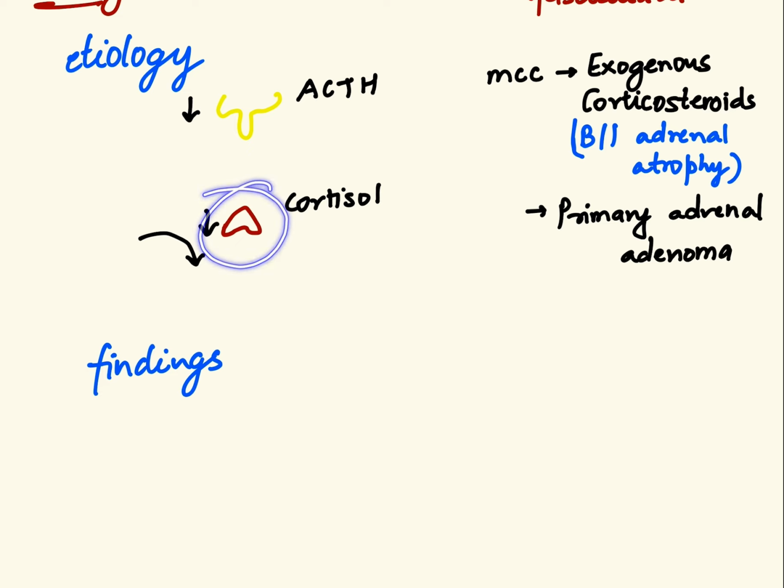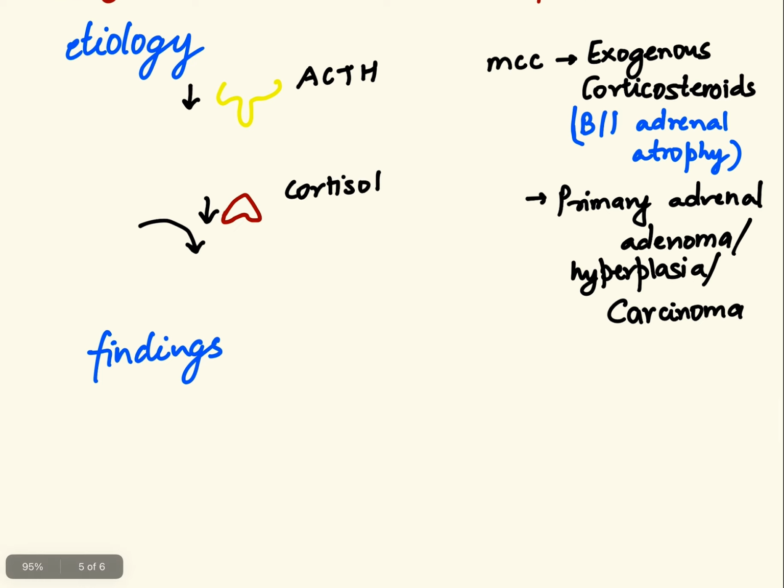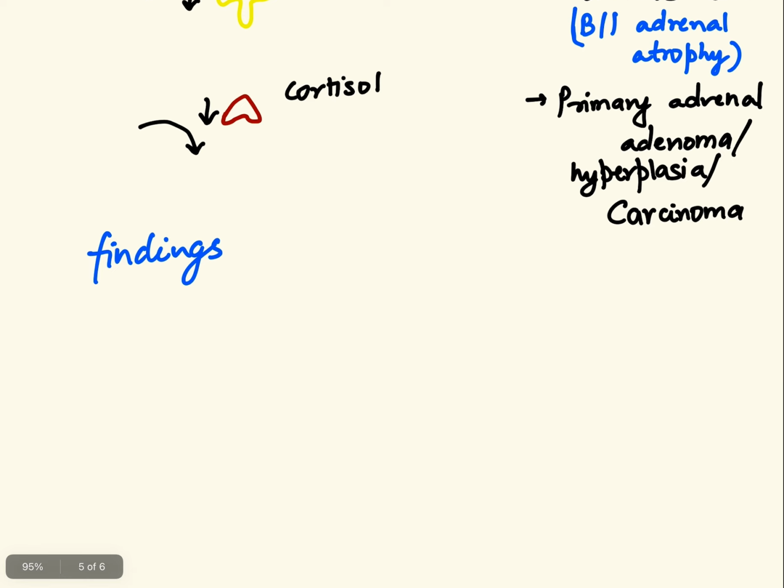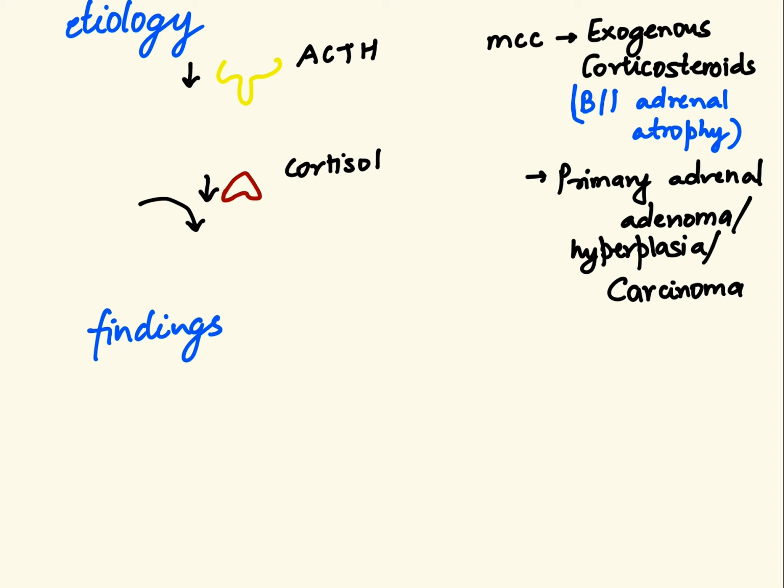Now if there is any adenoma, or if there is any hyperplasia, or if there is any carcinoma, ठीक है, hyperplasia or carcinoma of the adrenal gland, then it will have same effect as this. Okay, so उससे भी cortisol बढ़ जाएगा बहुत ज़्यादा. फिर थर्ड है, इससे भी we have understood कि ACTH कम हो जाएगा, decrease ACTH.